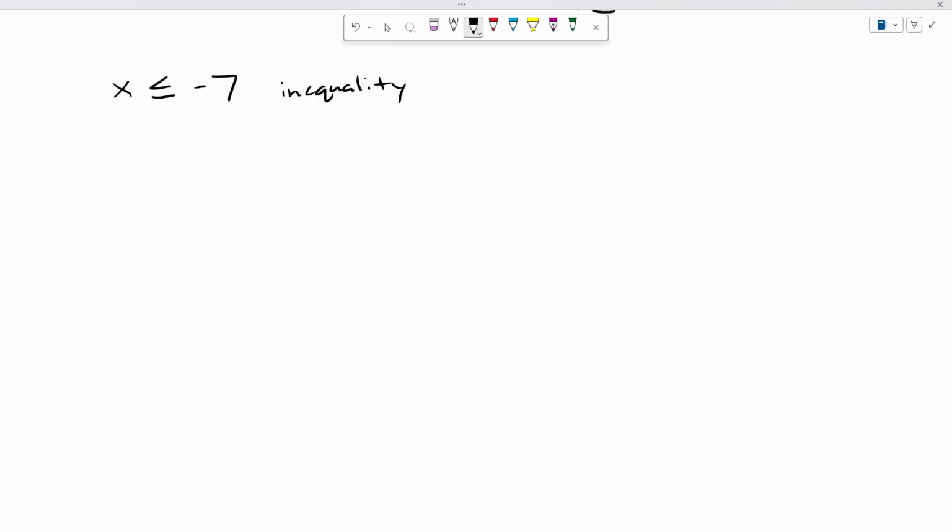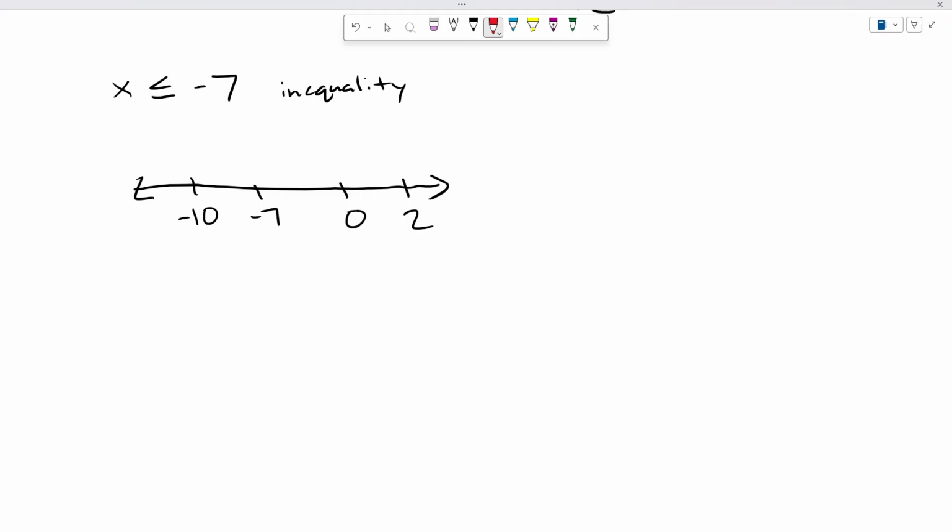Sometimes it may be helpful to draw the number line first, just so you can visualize it exactly. So if we have -7 and then just throw on a couple more just so we can really see it clearly. So we're saying x has to be less than or equal to -7.